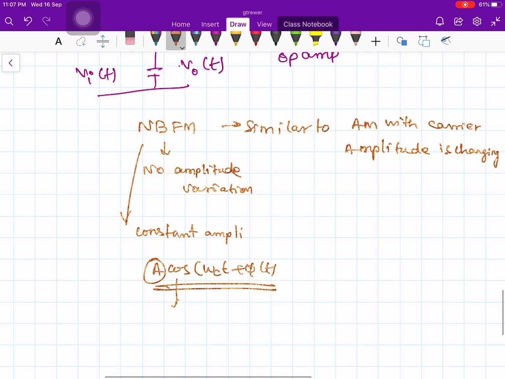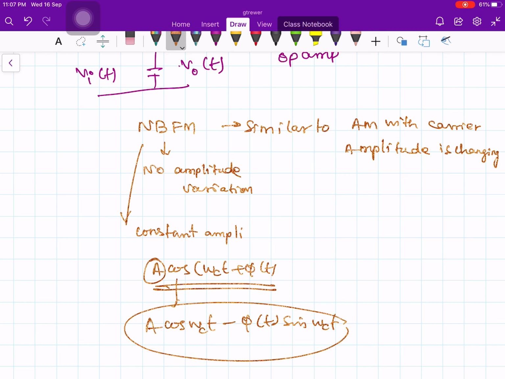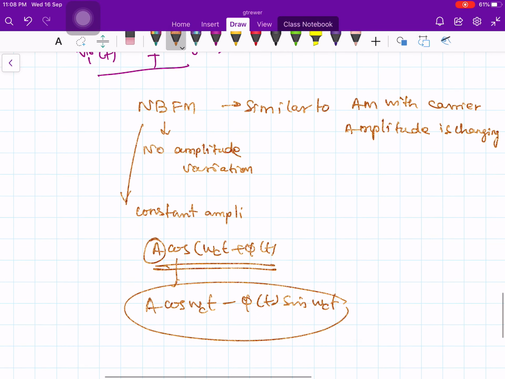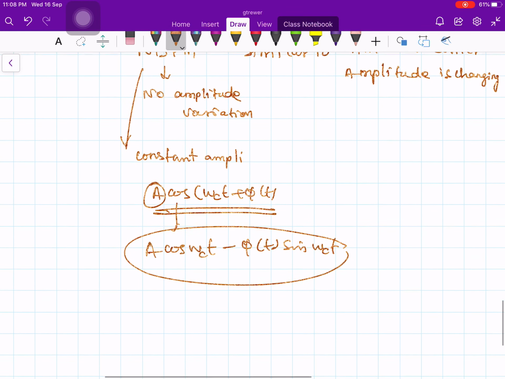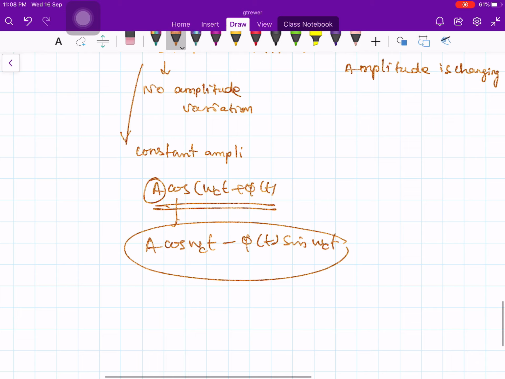Even if we expand this, you will get A times cosine of omega ct minus phi of t times sine of omega ct. It appears that I am generating a signal by amplitude modulation process. So there seems to be a fallacy somewhere.